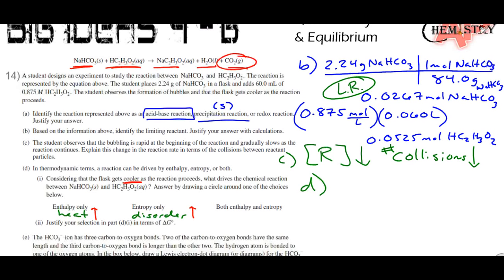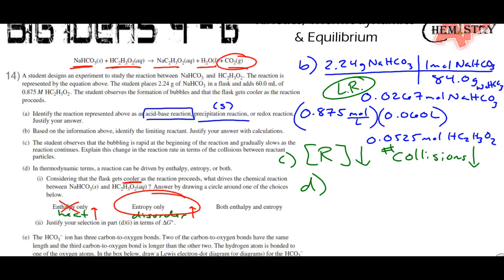So definitely it's disorder. So now your question is, is it enthalpy as well? Okay, so it can't be enthalpy only, because entropy is definitely increasing. But the fact that it's getting cooler means it's absorbing energy, it's absorbing heat, and that is not the natural progression of a reaction. So it's going to be entropy only.